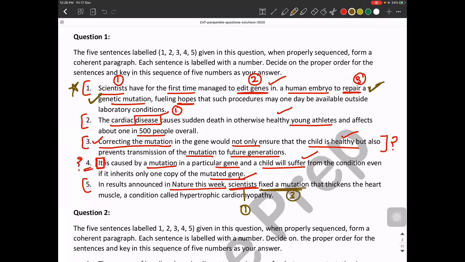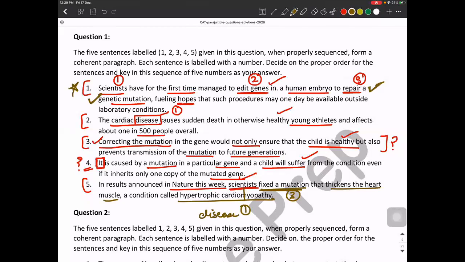Third link is also done. First link is also done. That thickens the heart muscle, a condition called hypertrophic cardiomyopathy. Right. Now, this is a particular disease which can occur by fixing the mutation, because fixing the mutation can thicken the heart muscle, and when the heart muscle is thickened, it is called hypertrophic cardiomyopathy. Right. This is a disease.